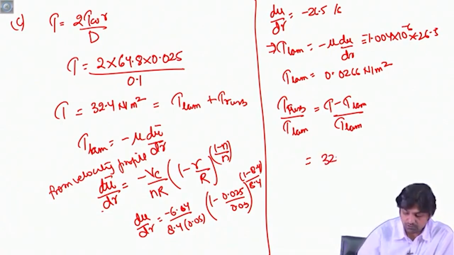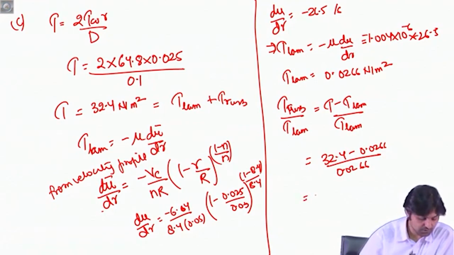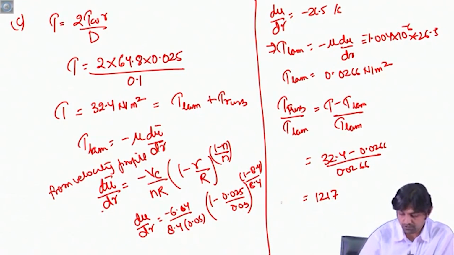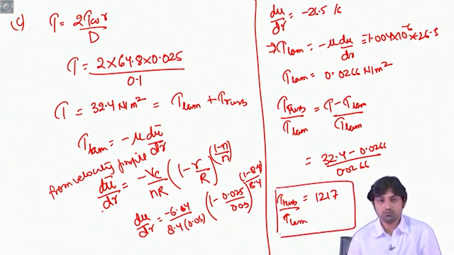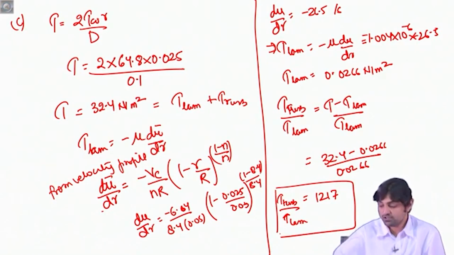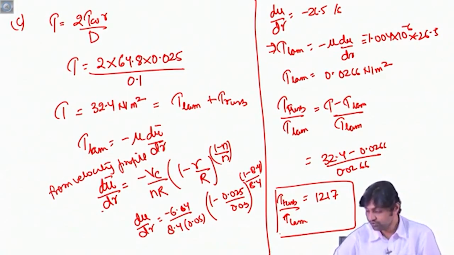So, 32.4 minus 0.0266 divided by 0.0266, and this ratio comes out to be 1217 almost. So, you see the ratio of the turbulent shear stress to laminar shear stress is of the order of thousands, as we have claimed before.